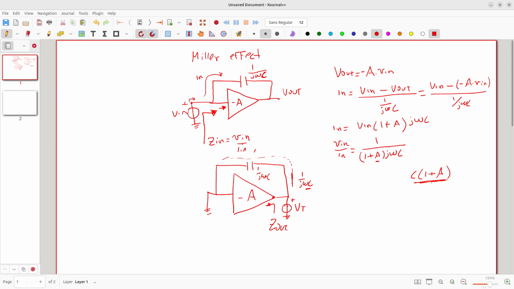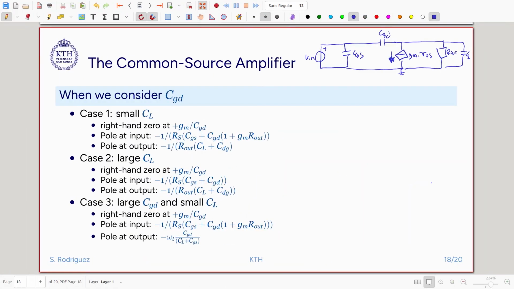Okay, with this background we can come back here and then we analyze the first case when we have a small value for CL, and then the first thing that happens here is that it is going to appear a right hand zero at GM divided by CGD. That is because there is a direct path from the input to the output that will create this zero, and this zero is at very high frequencies.